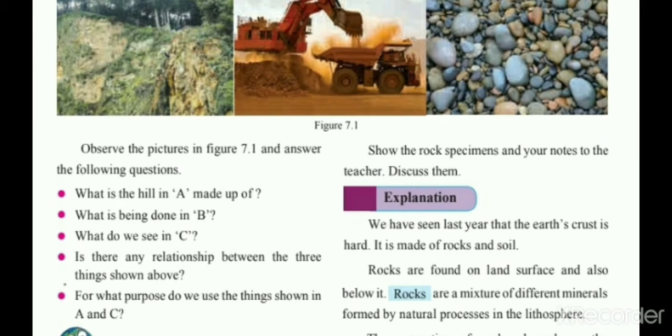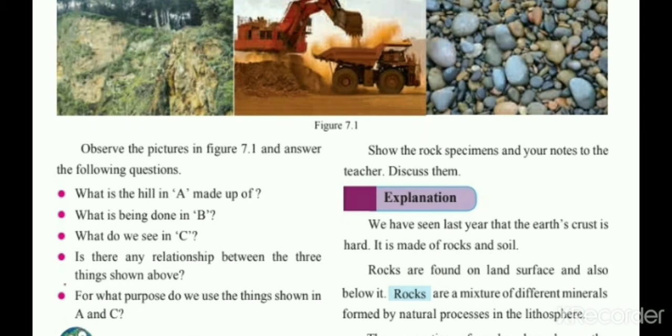By using machines, the rocks are extracted from the hills and the rocks are further split into stones. So the big rocks are extracted and put in a truck, and then converted into small pebbles. So this is the relationship between these three pictures.